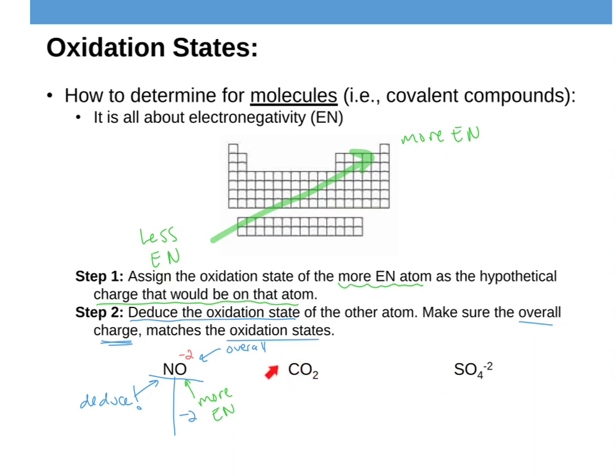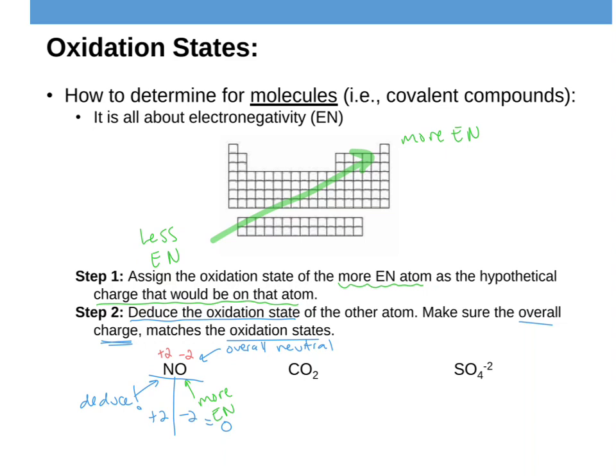Carbon dioxide is overall 0. Nitrogen monoxide is overall 0. So if it's overall 0, then the nitrogen must be a +2, because this has to equal 0. All the oxidation numbers have to match the overall charge. So my nitrogen is +2 and my oxygen is -2.